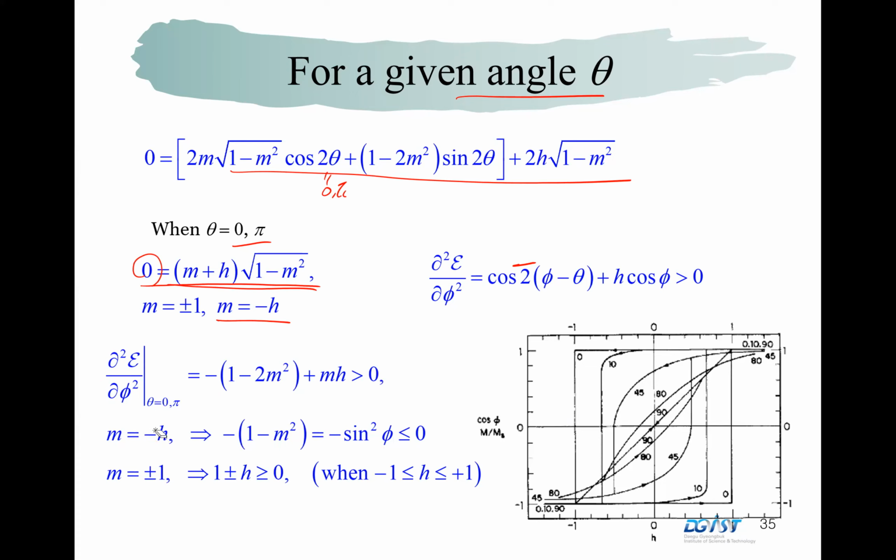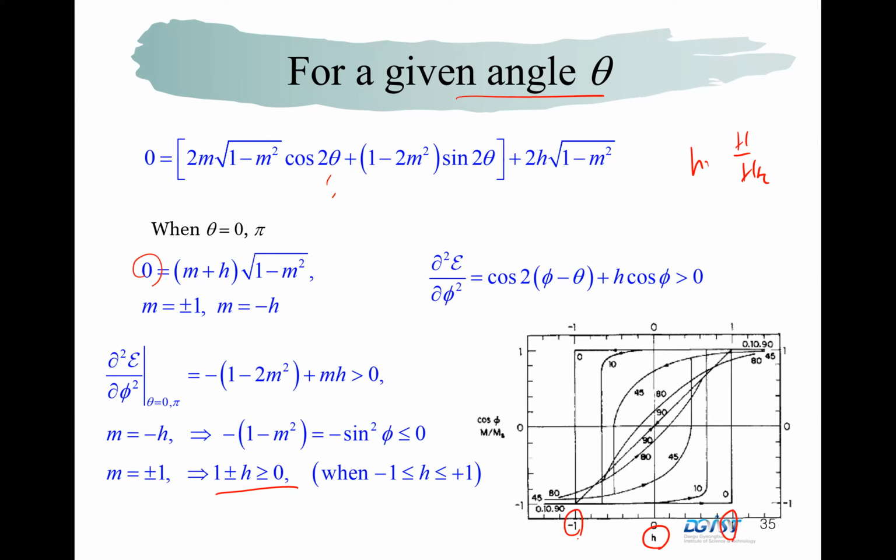And this equation tells us that the external field H is now normalized by HK. So here, one implies the external field is the same as HK.